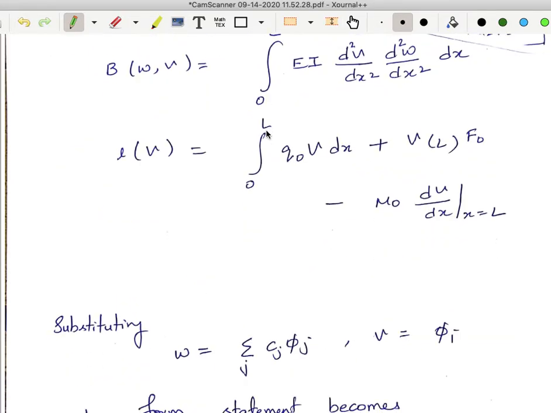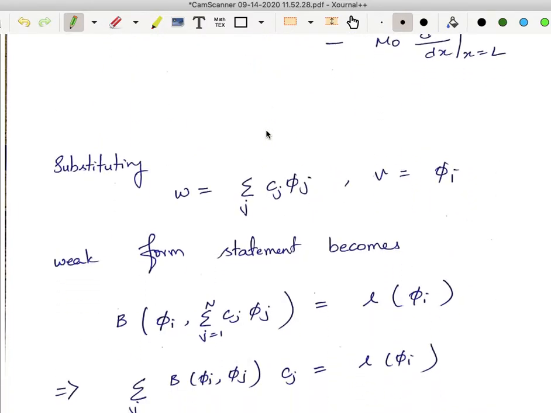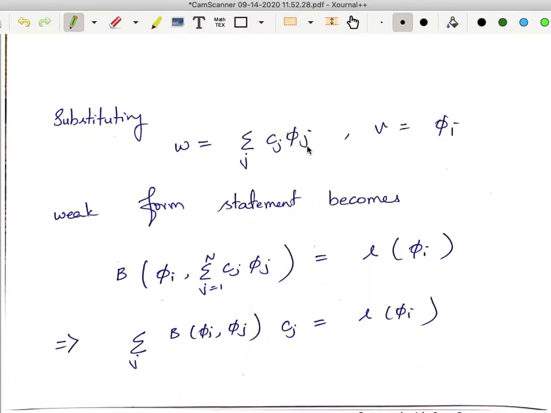Now, why are we doing this? Because in this problem phi naught is 0, and just to be precise, it is wn, the n parameter approximate solution, which we are writing as summation cj phi j, and the weight function is phi I. So what is the weak form?